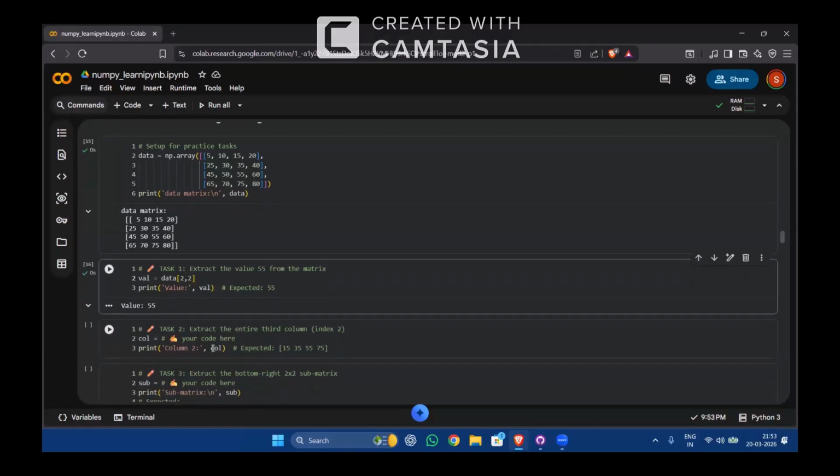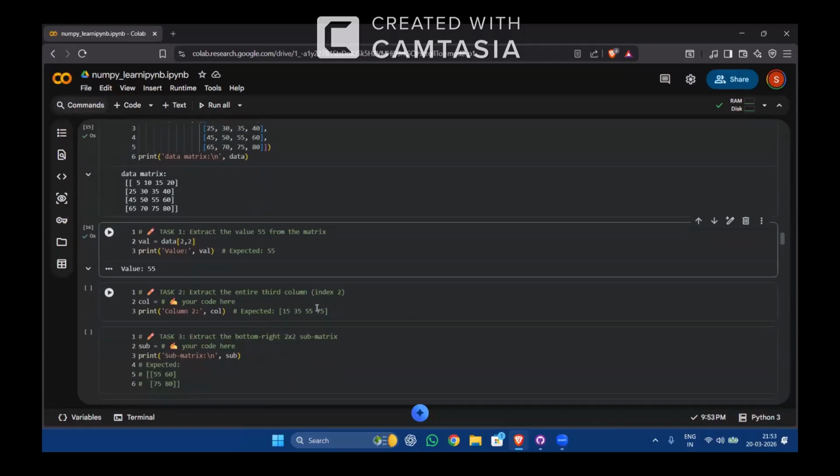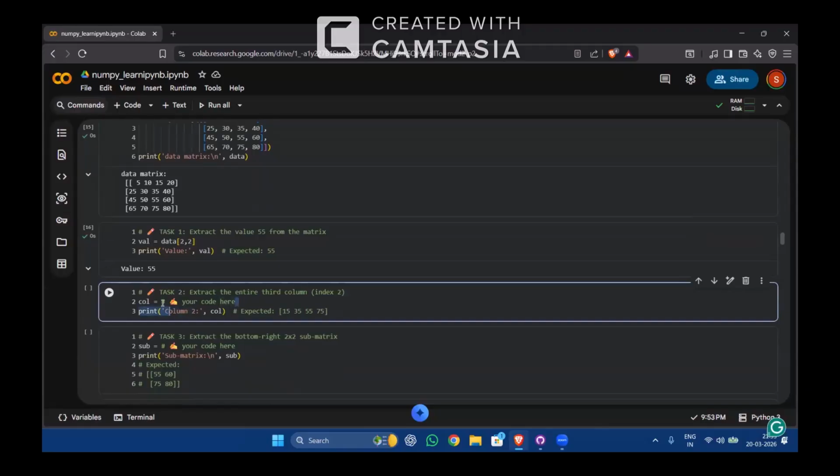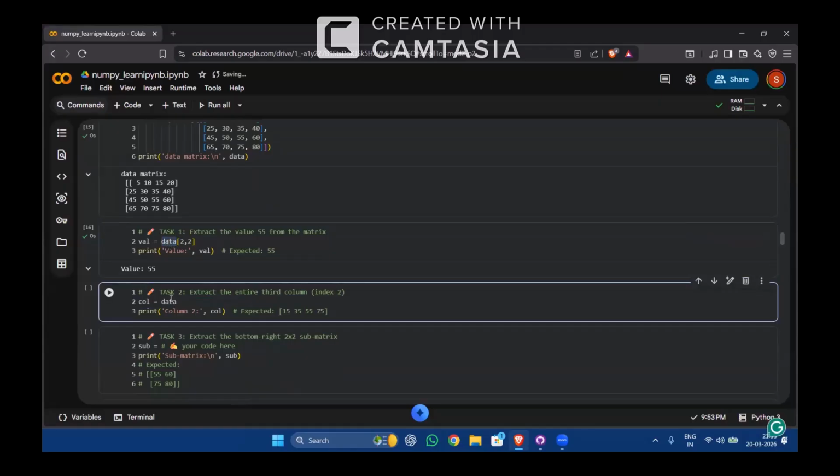Right. Okay. Now can you try the second and third one? Extract the entire third column. Data of the third column, the entire third column.